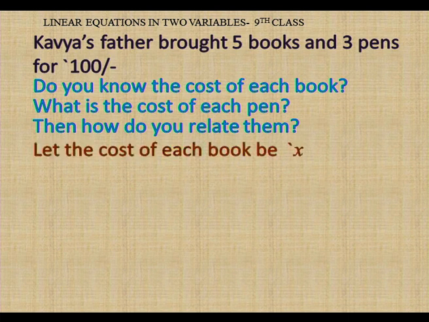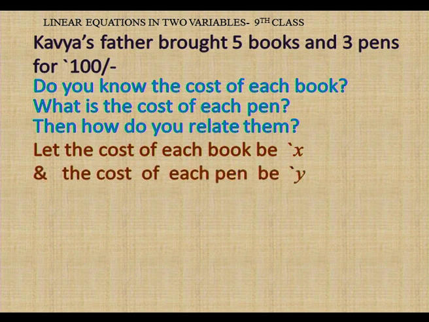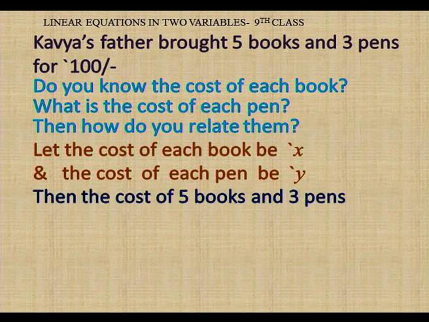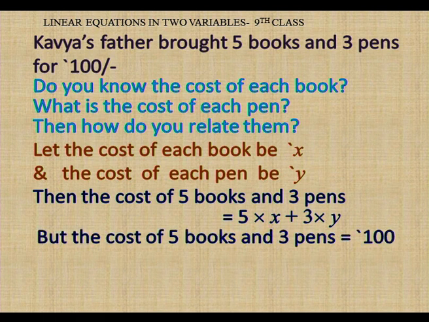Let the cost of each book be x rupees, or x, let me say. Let the cost of each pen be y rupees, or y. Now, how many books are there? 5 books. How many pens are there? 3 pens. Then the cost of 5 books and 3 pens will be equal to 5 into x plus 3 into y. But the cost of 5 books and 3 pens is equal to how much? 100 rupees.